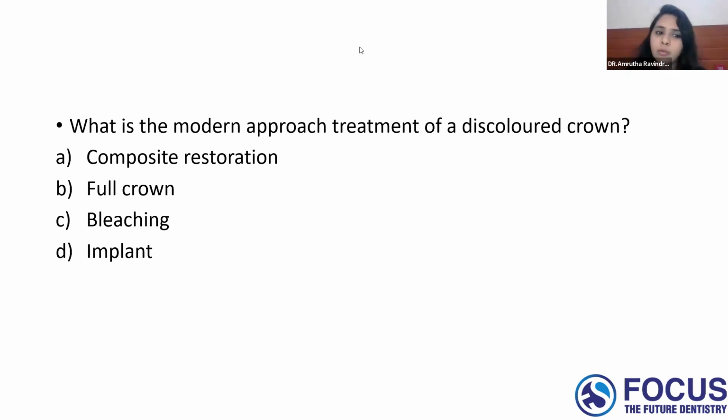A full crown would be too invasive, and an implant is not an option at all. So the most apt answer is bleaching. Very good, everyone. So we move on to the next question.